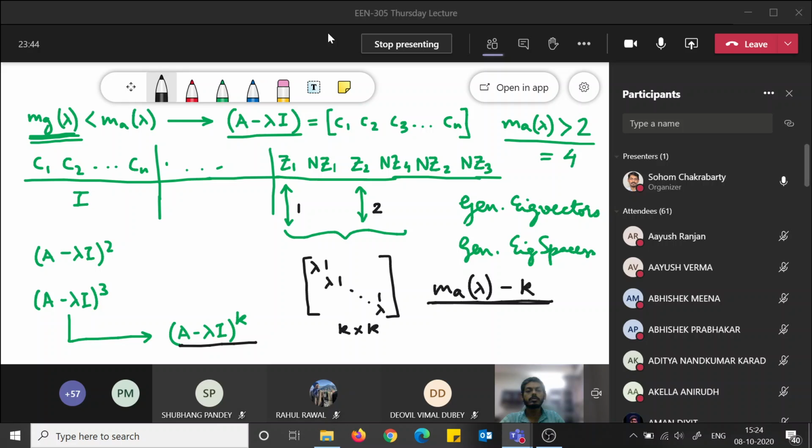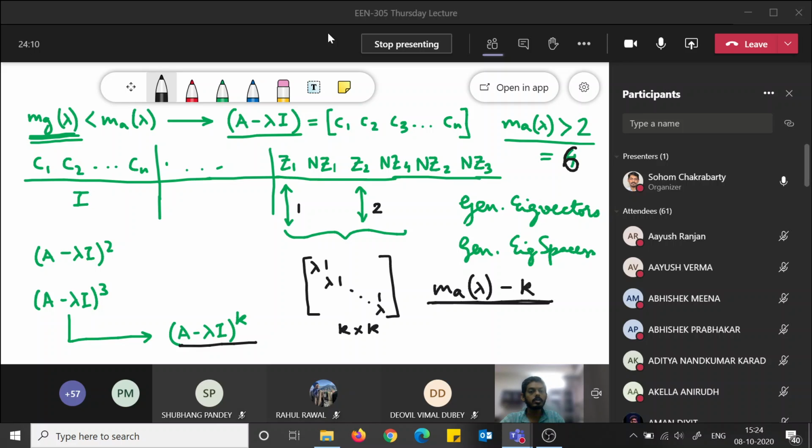Now we don't know, so let us take numbers, so it will be easy. Suppose this is a big number, suppose this is 6, and the geometric multiplicity is 2, that means 2 initiating eigenvectors are there.